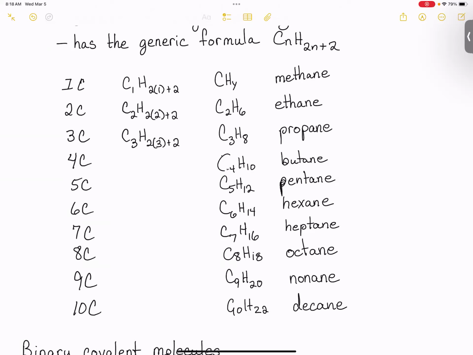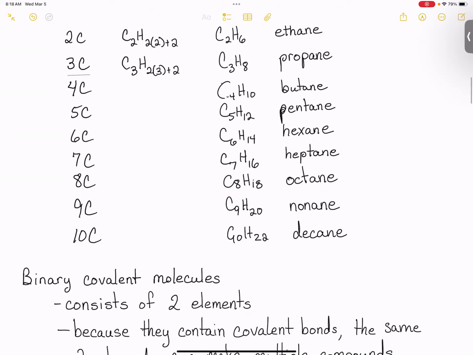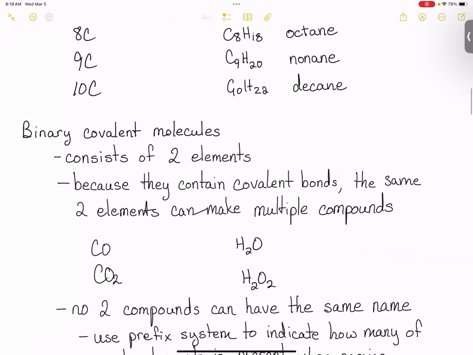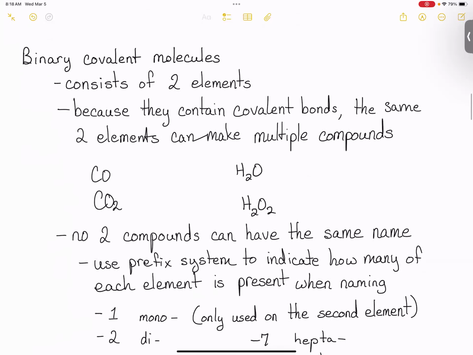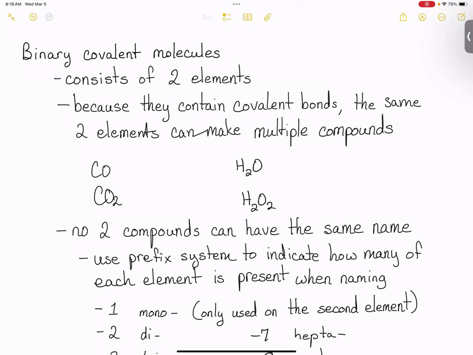The next category is going to be the largest category of covalent molecules. These are called the binary covalent molecules. Bi means 2.